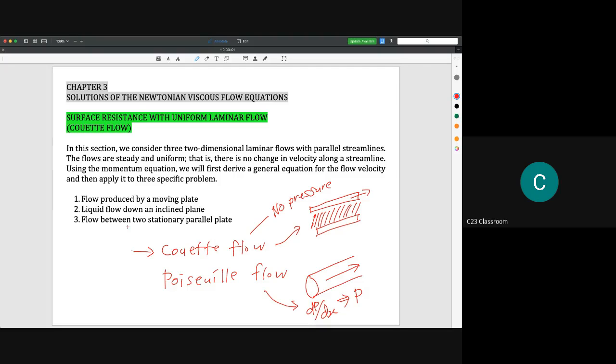And the last is the flow between two stationary parallel plates. If you have a vertical plate, the fluid will flow downwards by gravitational force. And then we need to develop a few equations about that.